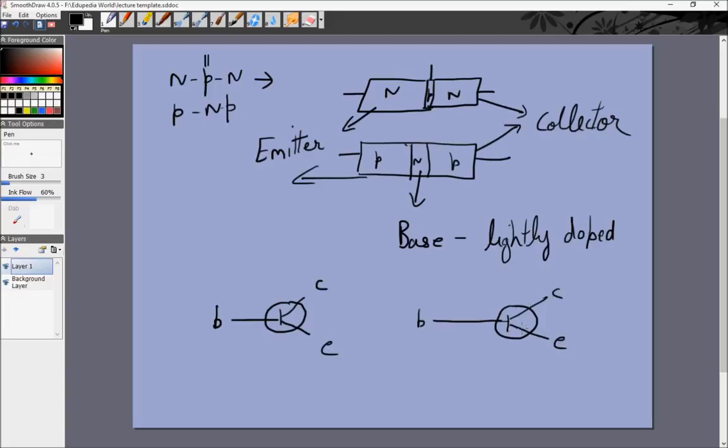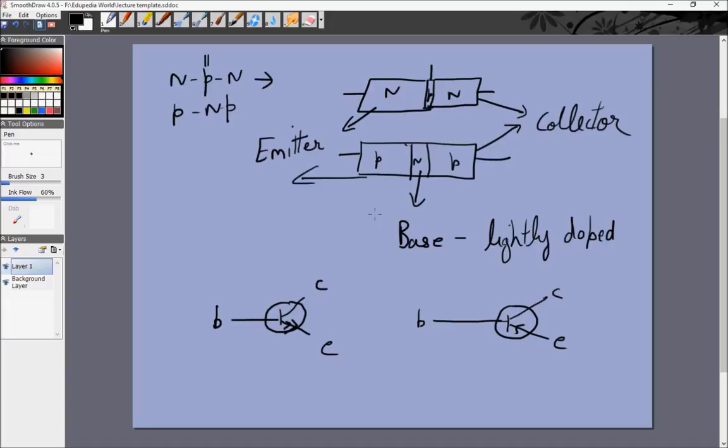And the arrow between the base and the emitter tells us whether it's an NPN or a PNP transistor. The arrow denotes the current flow from the emitter to the base or the base to the emitter. In an NPN junction, the current would go from the positive side to the negative side, so from the base to the emitter. So this is the symbol for the NPN junction, and this is the symbol for the PNP junction.